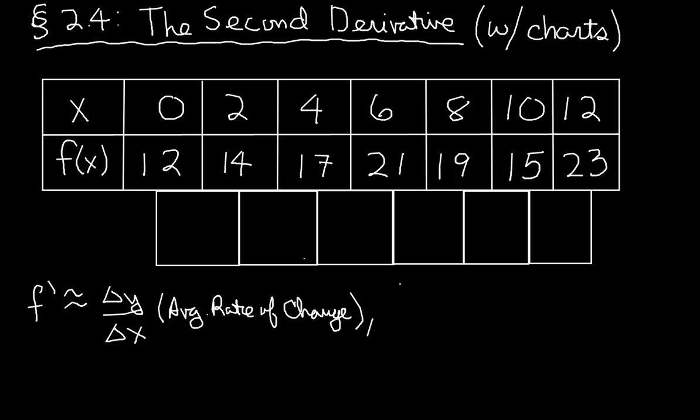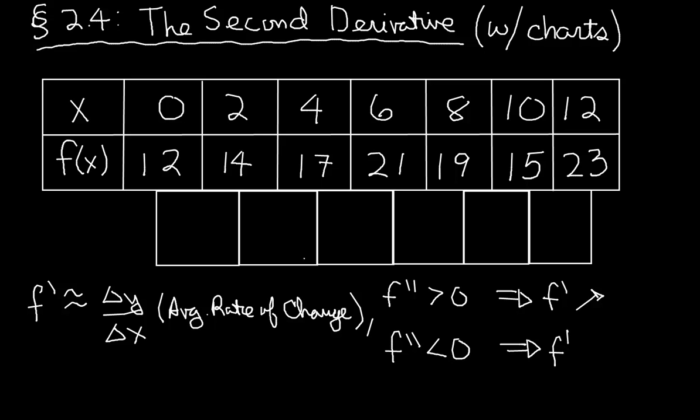So let's just write that down. If f double prime is positive, this should imply that f prime is increasing. Whereas if f double prime is negative, that should imply that f prime is decreasing.